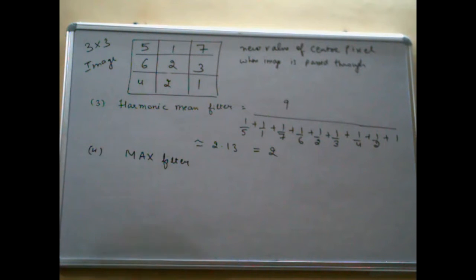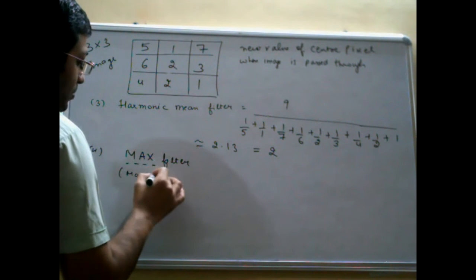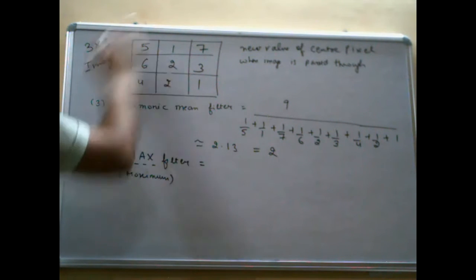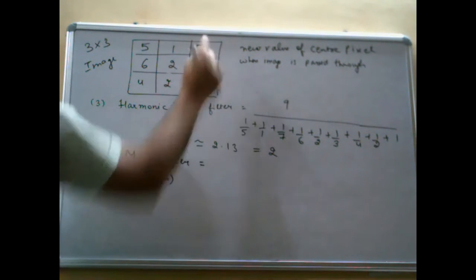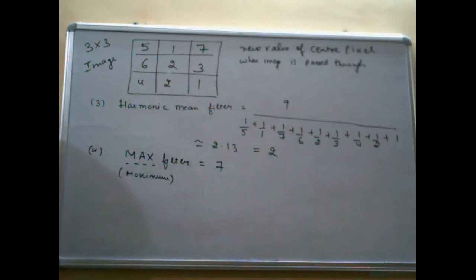Whichever is the maximum gray level value, maximum pixel value, that will be the answer, because this stands for maximum value, maximum filter. You are just going to replace this center value with the maximum value. What is the maximum value in this case? 7. So the answer will be 7. This 2 will be replaced by 7. From the name it suggests.